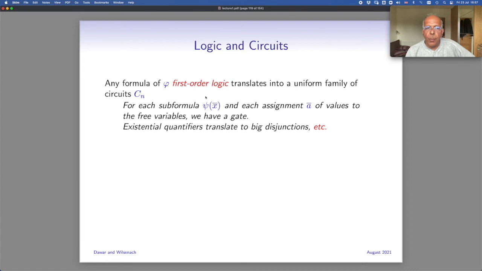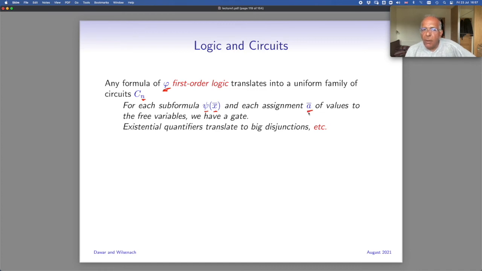So what I would do is, given a sentence phi, take each formula with free variables x and consider all possible assignments. I should say, I've fixed the formula and I've fixed the size of the input, n. So I'm interpreting this formula phi in structures with n elements.